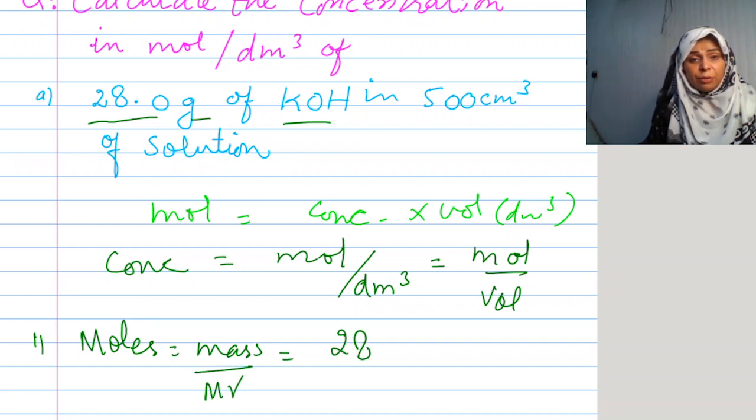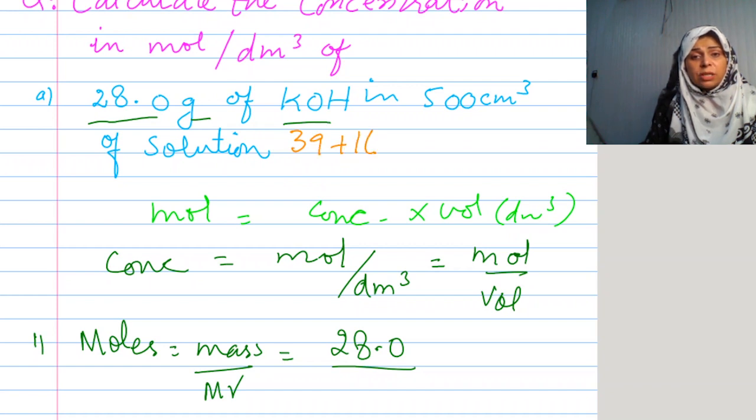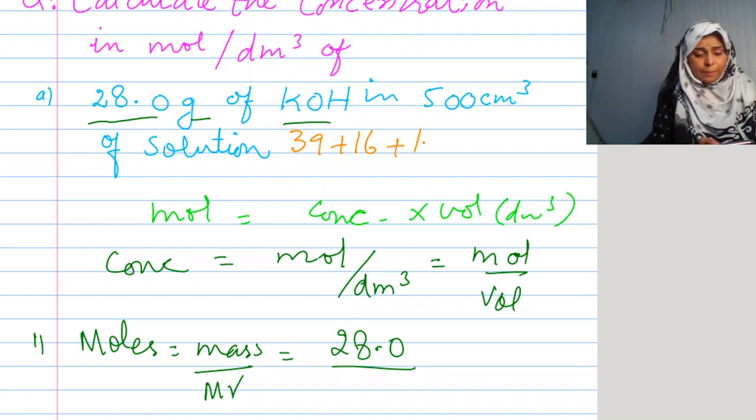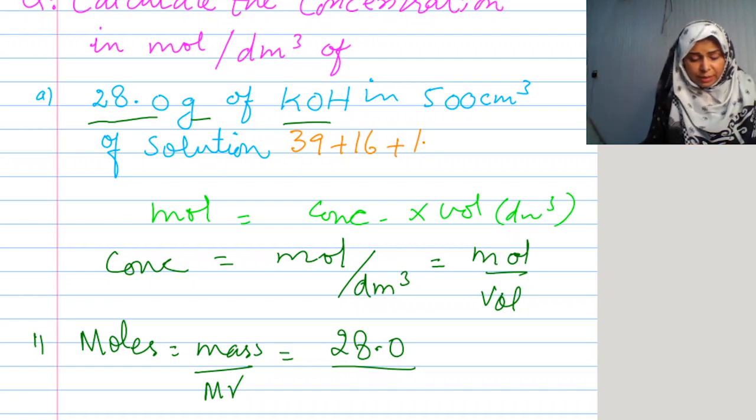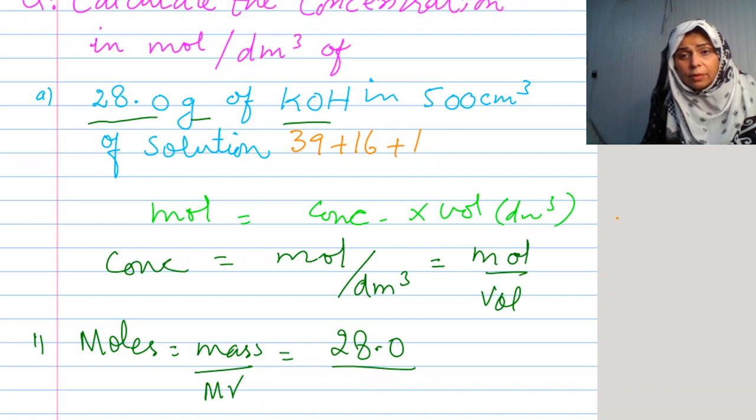Mass is given, 28.0. So the Mr of KOH is 39 plus 16 plus 1. The Mr for potassium hydroxide is 39 plus 1 plus 16, yes, 56.